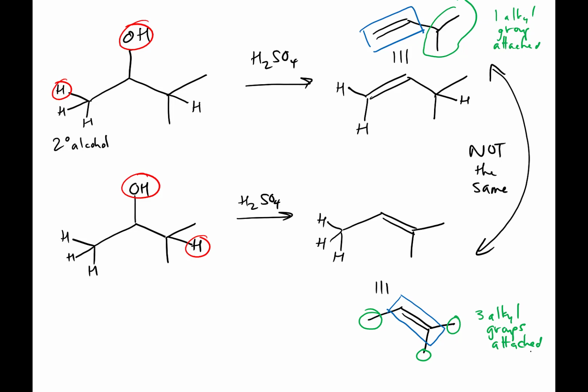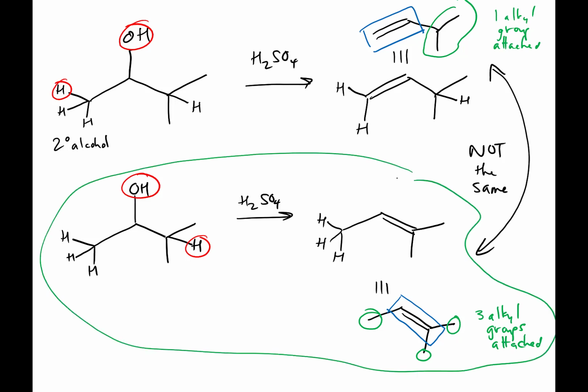So the idea here is the way that the reaction proceeds. I don't want to get in the weeds here. Sometimes a little bit of this forms, so we call it a minor product, and this is the major product.